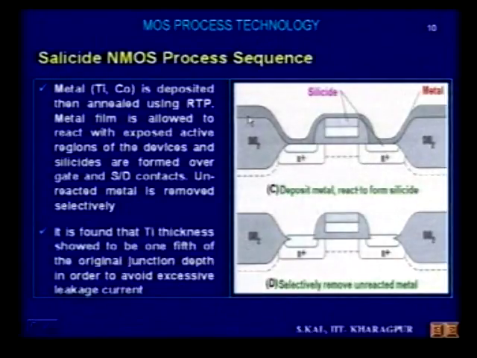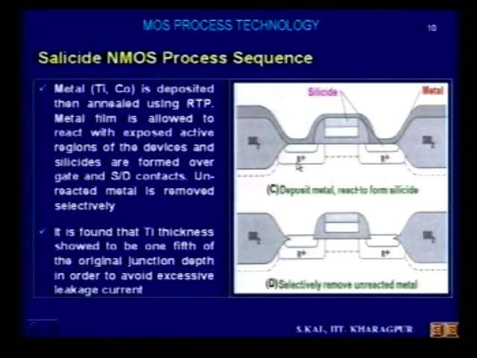Next, it is found that titanium thickness should be 1/5 of the original junction depth in order to avoid excessive leakage current. The thickness of the titanium should be small, otherwise total silicide thickness will be large, and since the drain and source junctions are shallow, the silicide may reach close to the source drain junction.